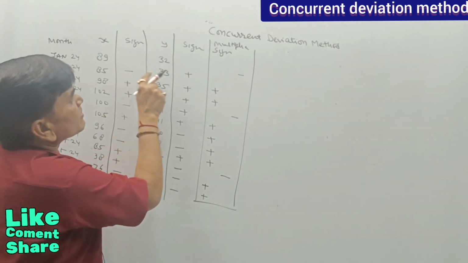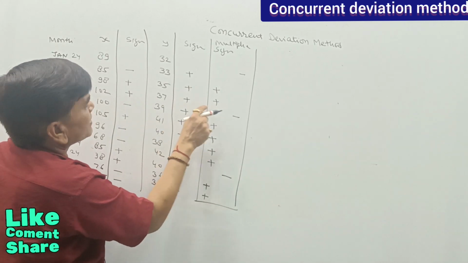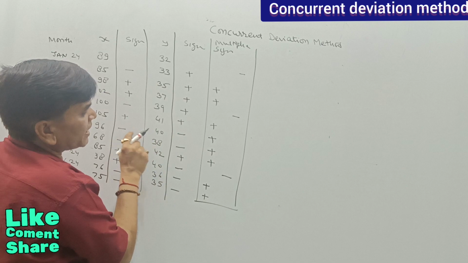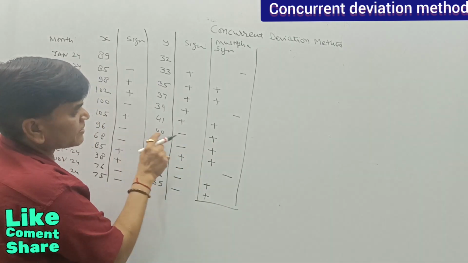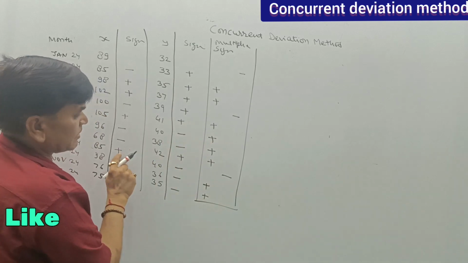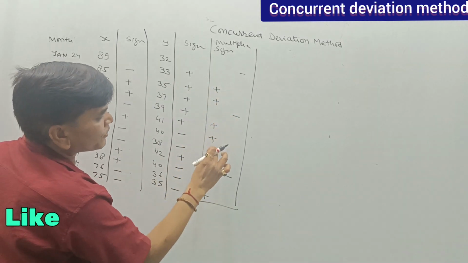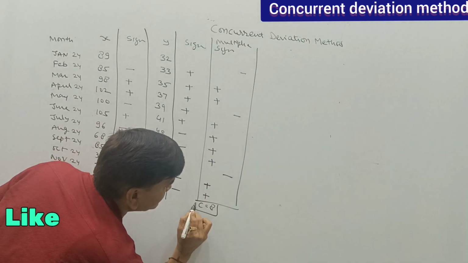Then we multiply the signs: plus multiply plus, minus multiply plus, minus multiply minus, minus multiply minus plus, and so on. Counting the plus values, we get 1, 2, 3, 4, 5, 6, 7, 8. So the C value is 8.